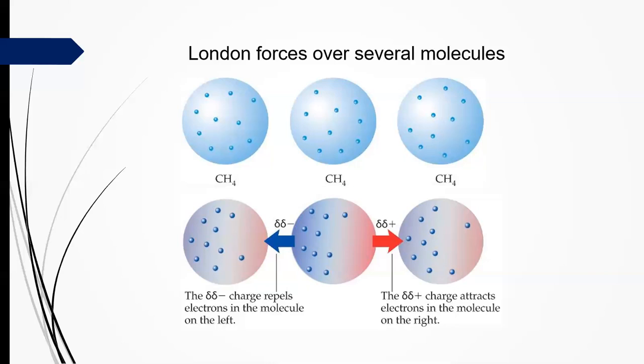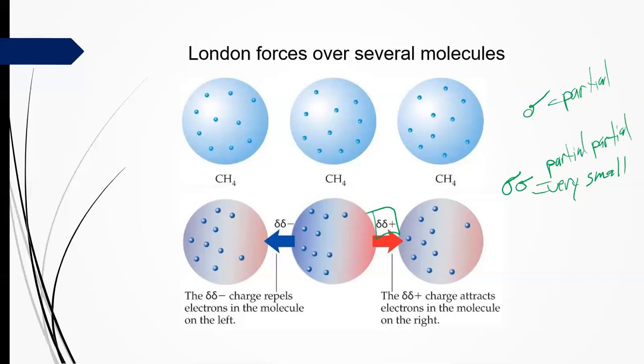Now, this symbol here, what they're trying to show you is that instead of just being some, it's showing you that it's a very small amount. If we have one of those, then this is a partial charge. This one is saying that we have a partial of a partial, so even smaller.